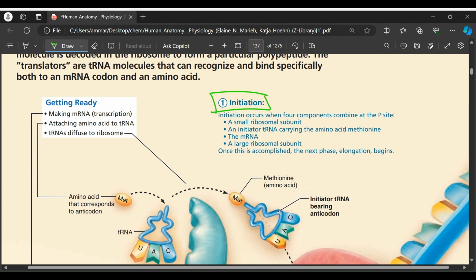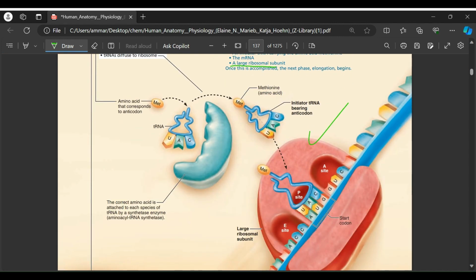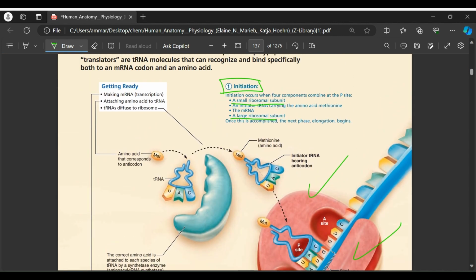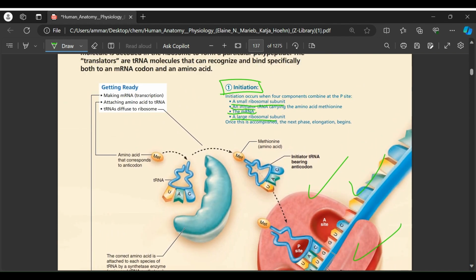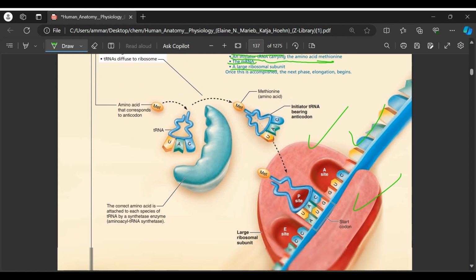When we have the small ribosomal subunit, large ribosomal subunit, check, check. The mRNA is here, check. An initiator transfer RNA carrying the amino acid methionine, here it is, so check.